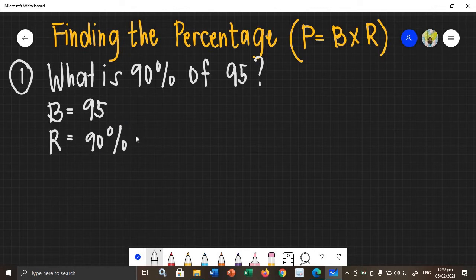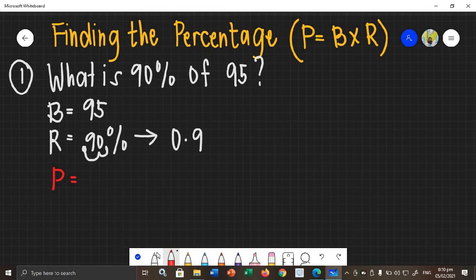Pag ginawa natin siya into decimal form, move lang natin yung decimal places ng 2 times on the left side. So, it will become 0.90 or simply 0.9. 0.9 na lang. Okay? And then the missing term is our percentage.